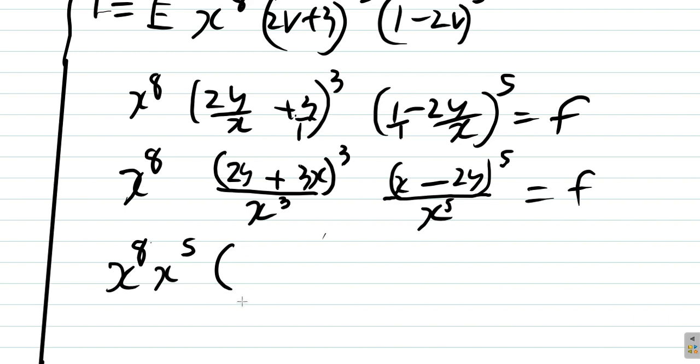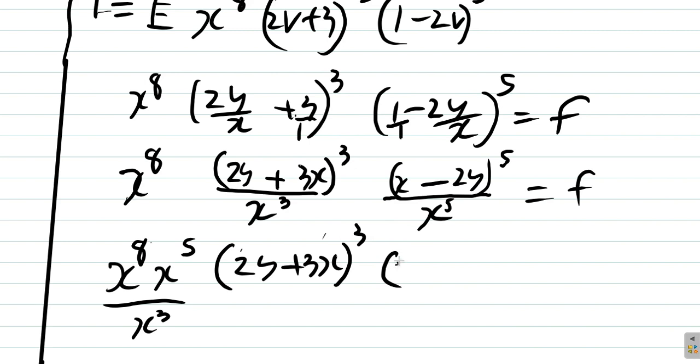No, we wouldn't be able to multiply. Oh yeah, man. If we multiply by x to the 5th, this would be 2y plus 3x cubed over, let's put the x cubed here. We multiply this by x to the 5th. X cubed. And we have x minus 2y to the 5th. 5, 6, 7. Hold on. Let's not do that.